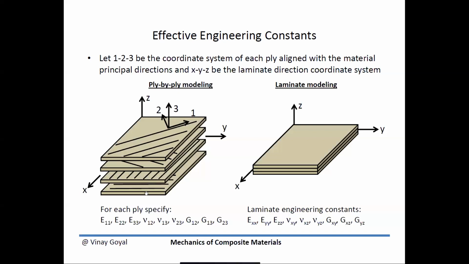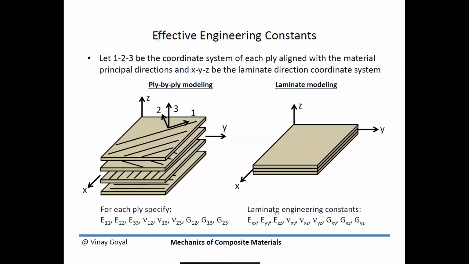So what we want to do is, can I come up with laminate engineering constants for the whole stack put together? Can I come up with an EXX, EYY, EZZ that describes the modulus in the X direction, the modulus in the Y direction, and the modulus through the thickness direction?